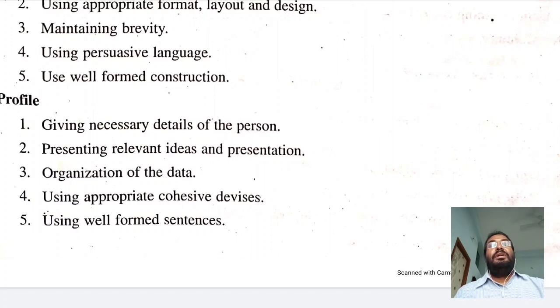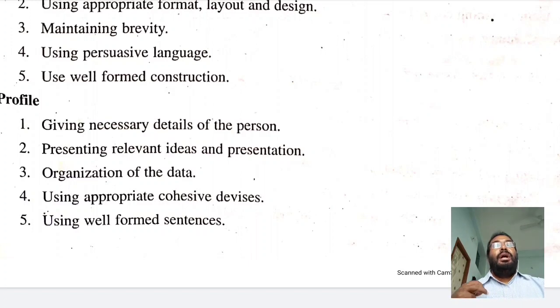For example, a profile is given by a teacher who is applying for a job. There, the person will write what is his or her qualification, what is the experience, which classes she or he dealt with. These will be given. There we will not mention about his ability in cricket or any other way.